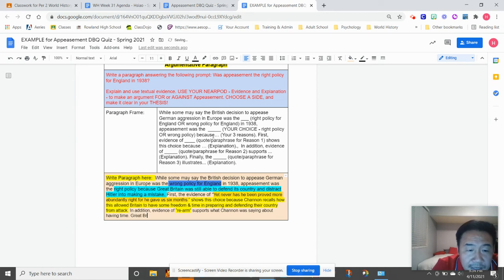Britain needed the time to call soldiers back into action and produce armaments for war.